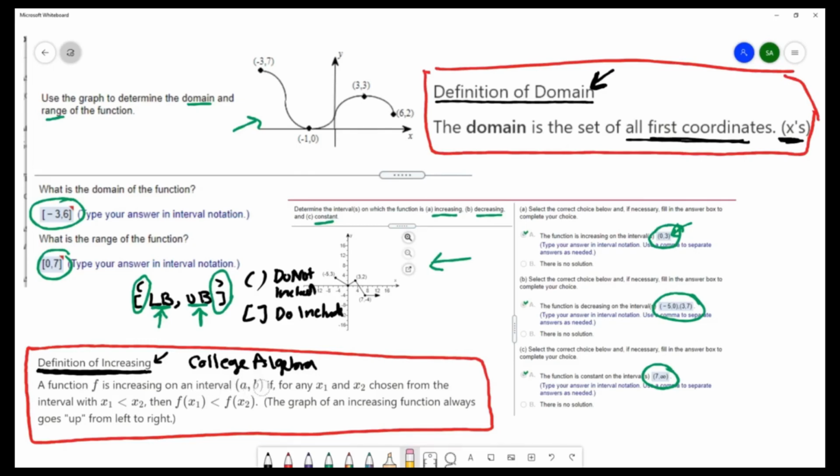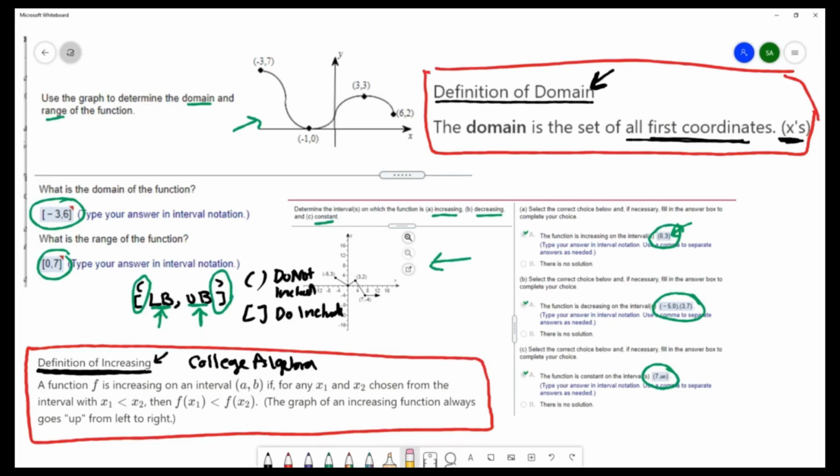So I wanted to point this part out here because in the definition, they are using interval notation and they're using the parentheses here. So in the definition, we are not using the endpoints. We're only using the interval itself in between a and b.